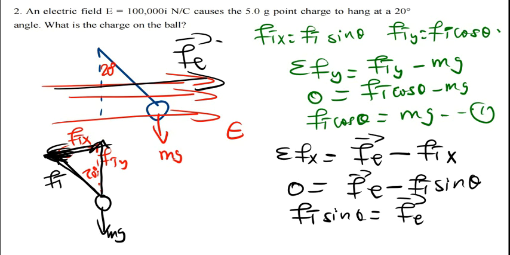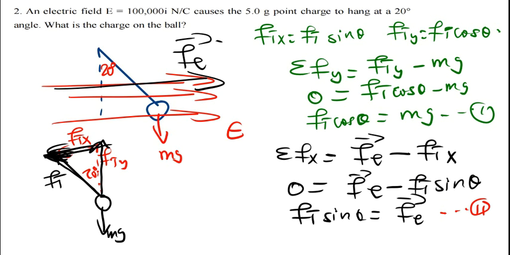Sometimes you're confused: why am I not shifting this to the other side? It's the same thing. I shift this to the other side, it's the same as this. Okay, then I'll call this equation 2.